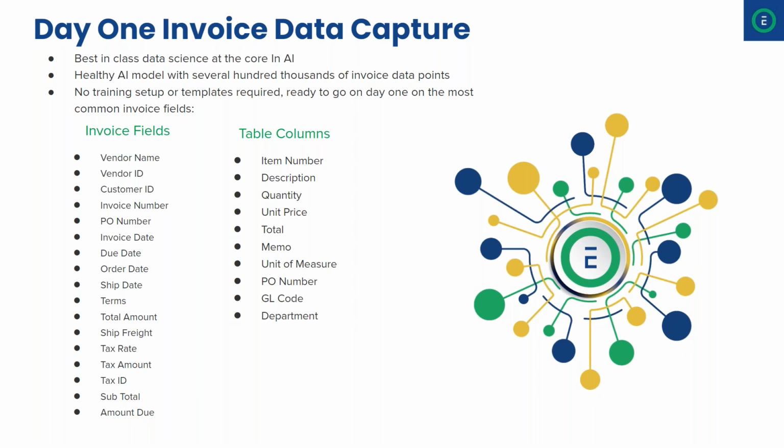And we also went back in our service history from our professional services team and looked at the common header fields and table fields and compiled those out of the box. So you have instant availability of these fields from day one. Very accurate model, and you can actually get a free trial if you go to our website as well.